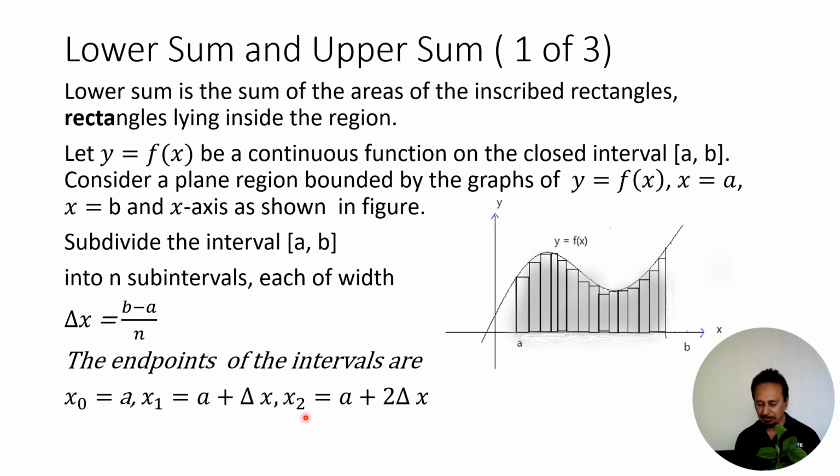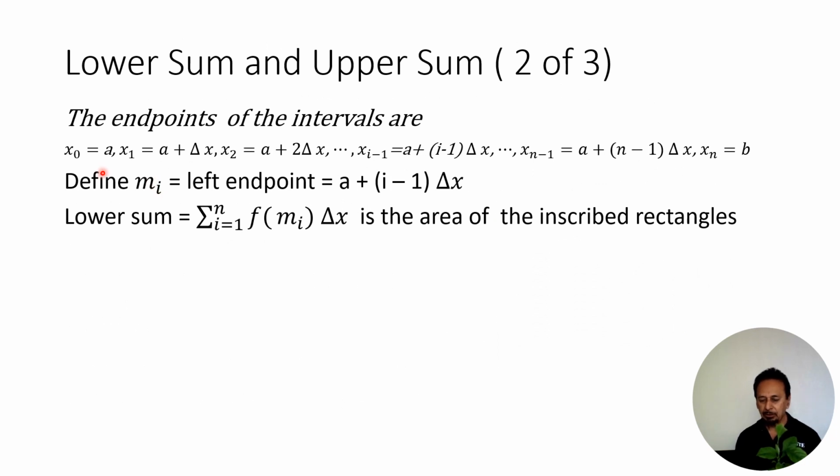Then the next, you add delta x to the previous one, and it becomes a plus 2 delta x. Just keep adding until you get the last endpoint. So the endpoints are: x0 is a, x1 is a plus delta x, x2 is a plus 2 delta x.